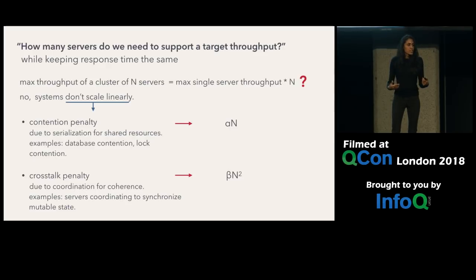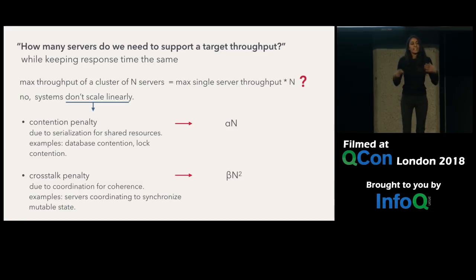But if there's coordination in your system, then the worst case penalty is when each server has to talk to every other server, has to coordinate with every other server. So this penalty scales as a constant times n squared, right? So the penalty here is quadratic with the number of servers. OK, so we know our cluster might have to pay these two penalties.